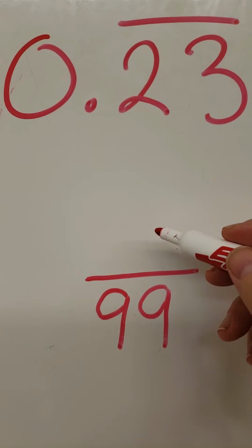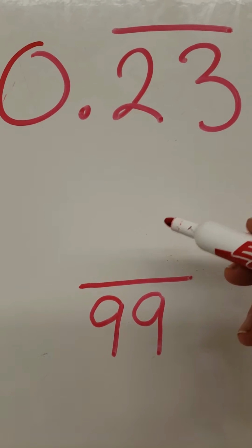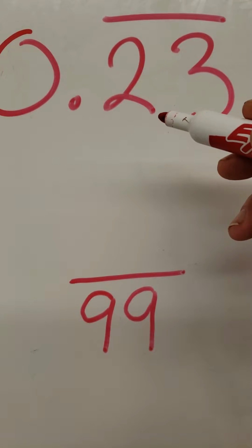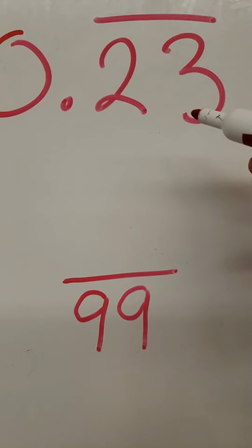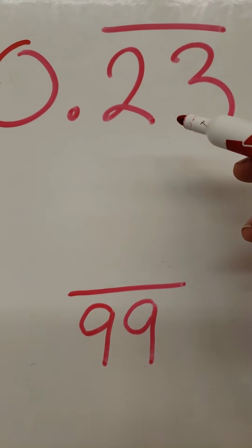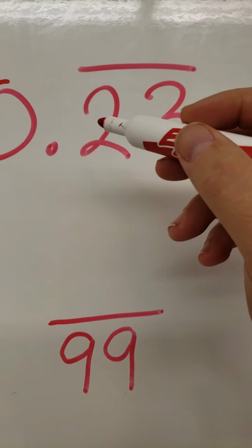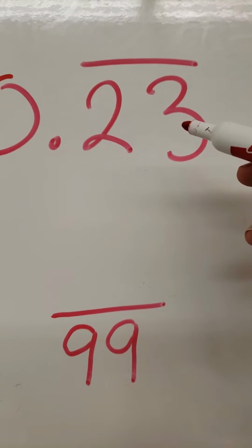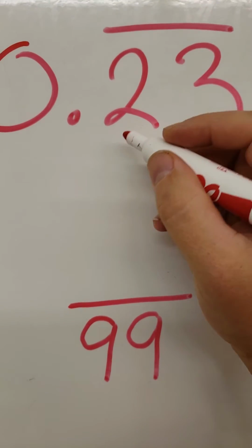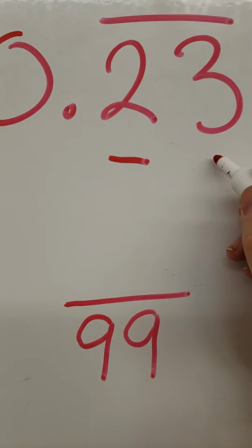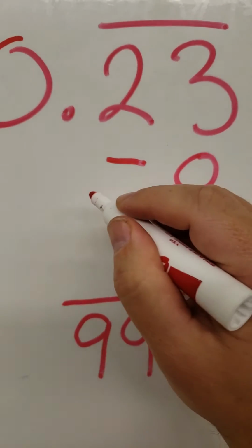To get the numerator, we're going to subtract away any part of the decimal that is not repeating from the decimal section. So as we see, 2 is repeating, 3 is repeating. There is nothing that is not repeating. So we are going to subtract away 0.